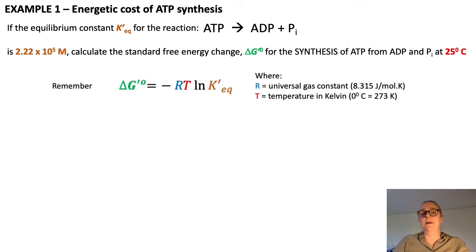So now remember, the standard free energy change equals the universal gas constant, which is 8.315 joules per mole, times the temperature in Kelvin. So we need to convert the temperature of 25 degrees into Kelvin. And at 0 degrees, there is 273 Kelvin.